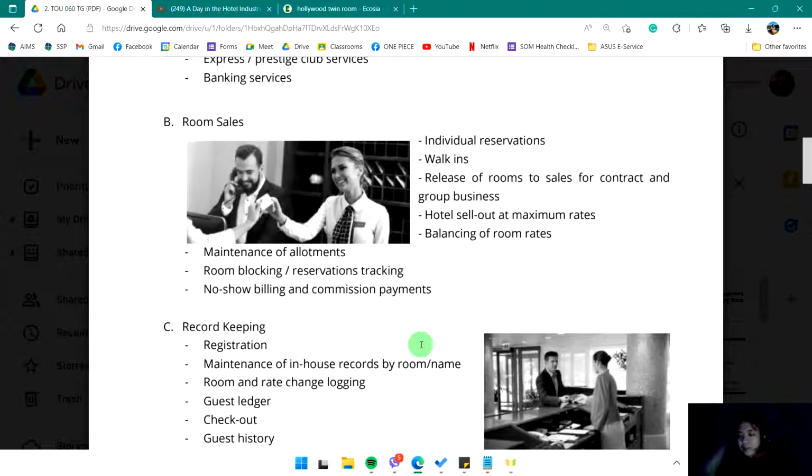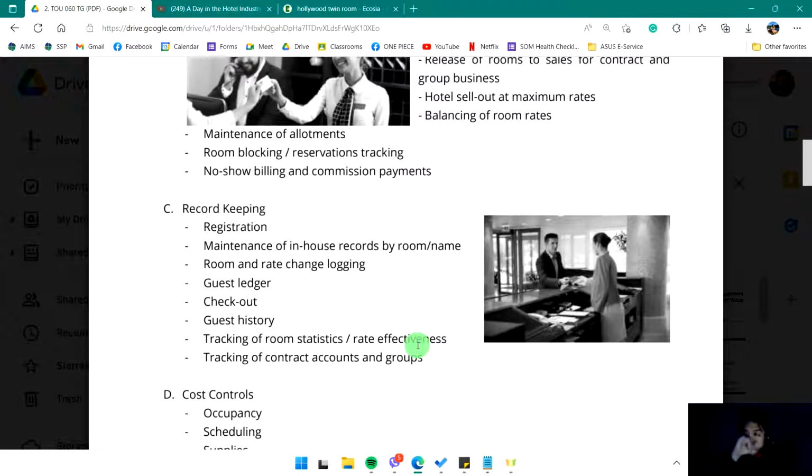Aside from that, they are also responsible for record keeping. Since they are the ones who are collecting the data of our guests, they are also responsible for record keeping. Registration of our guests, monitoring them, maintenance of the rooms, no, checking the availability of the rooms, and basically making sure that everything in your hotel is working properly in order for your guests to really maximize their stay in your hotel.